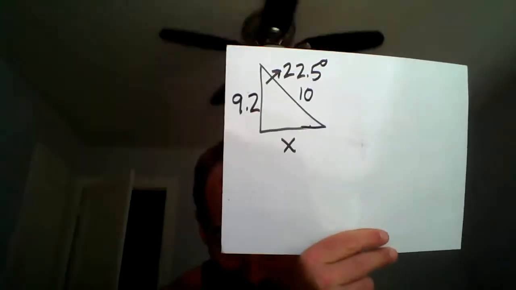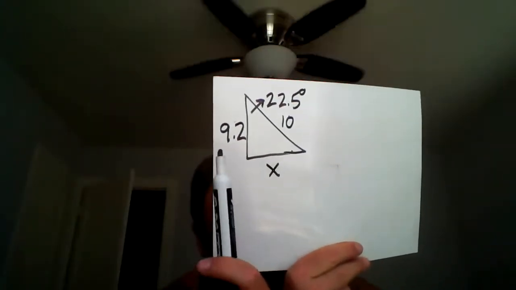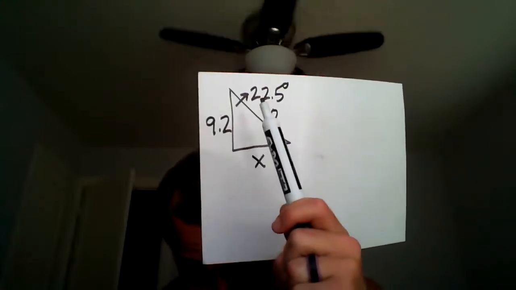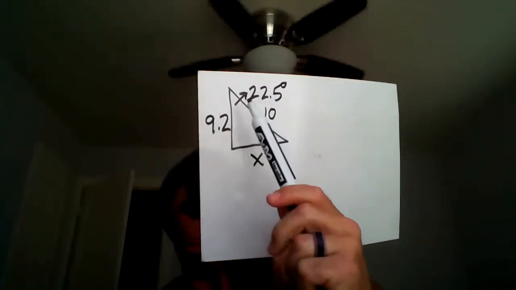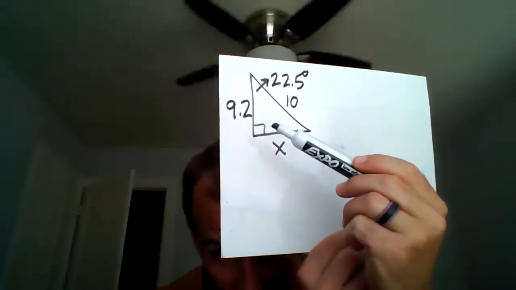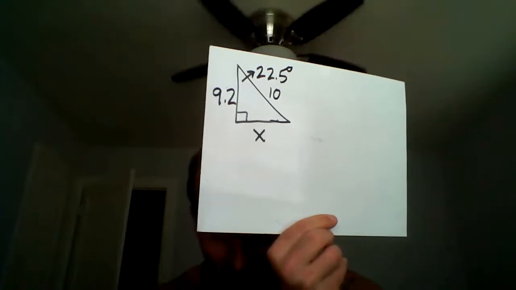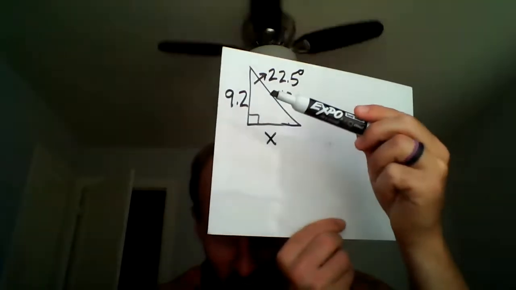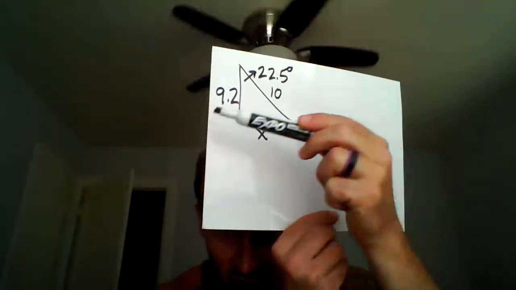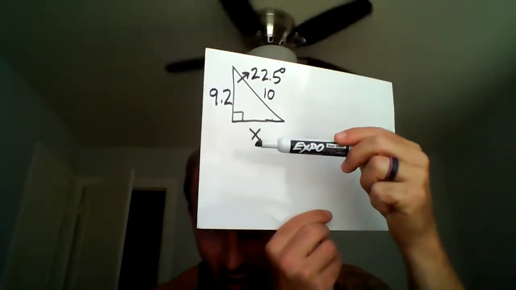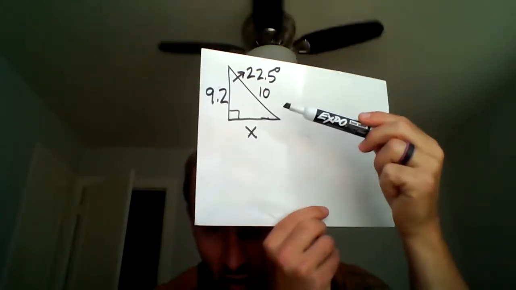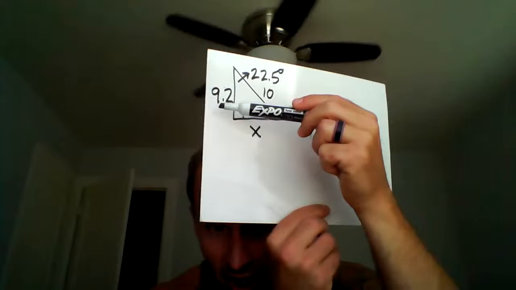We know the height. We know this angle, which we're actually not even going to need right now. We know that angle too. Now all we need is this. So going back to what Xavier was saying earlier, all you guys were saying is that when we have two sides, we can use the Pythagorean theorem. So x squared plus 9.2 squared equals 10 squared.